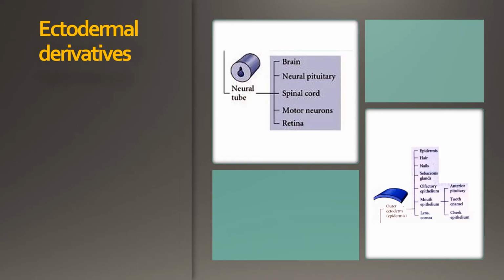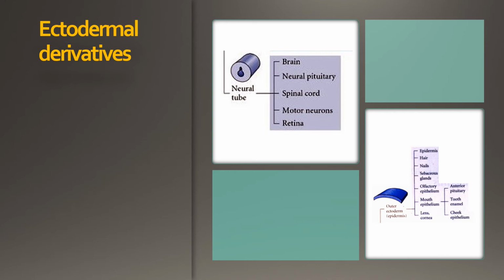Up to that we have seen the differentiation of the ectodermal cell layer, that is the neuroectodermal changes and the surface ectodermal changes. So now the overall outline: what are the derivatives of the ectodermal layer?